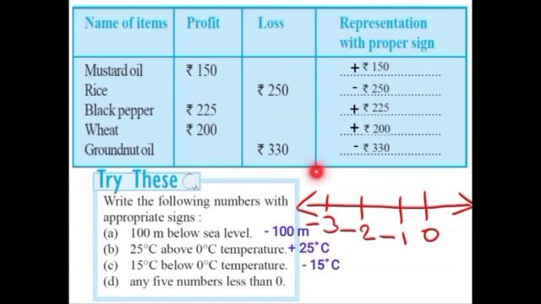The reverse order is descending order. The numbers less than 0 are minus 1, minus 2, minus 3, minus 4, minus 5 and so on, an uncountable number of numbers, right? So you can write any 5 numbers less than 0. Here is one solution: minus 1, minus 2, minus 3, minus 4, minus 5.